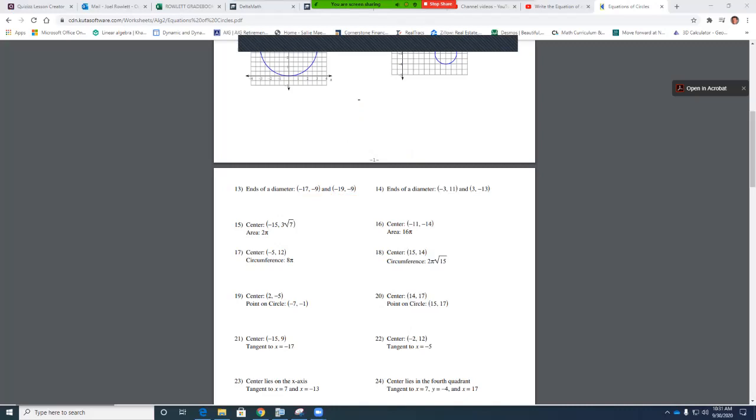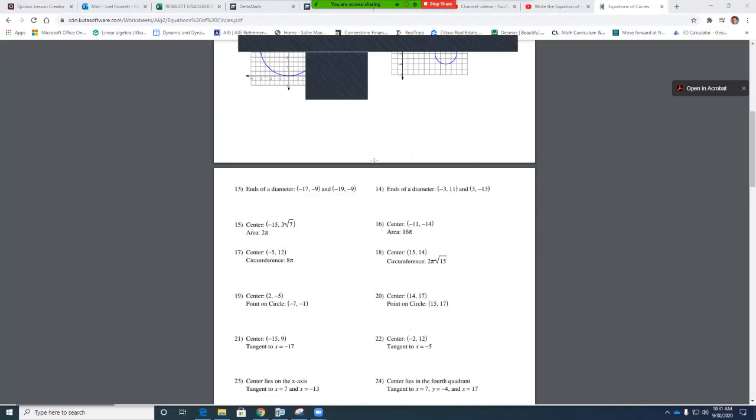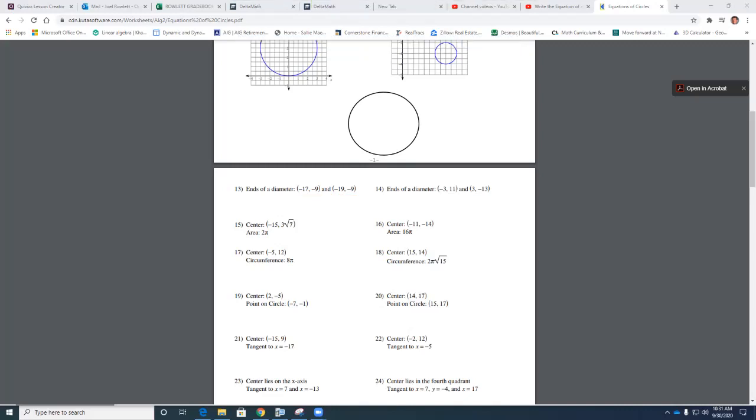If you happen to know on a circle, and let me try this again. Let's say you have a circle, and suppose I tell you that the center of the circle is located at 1, 1.